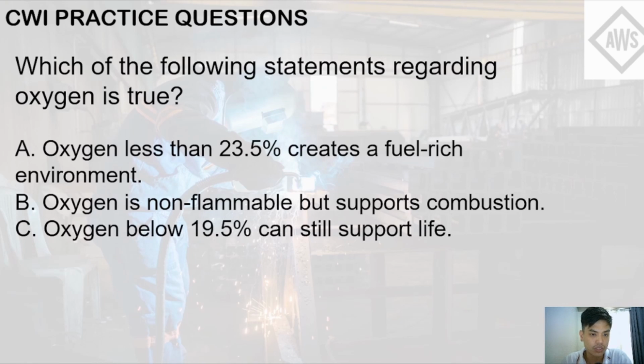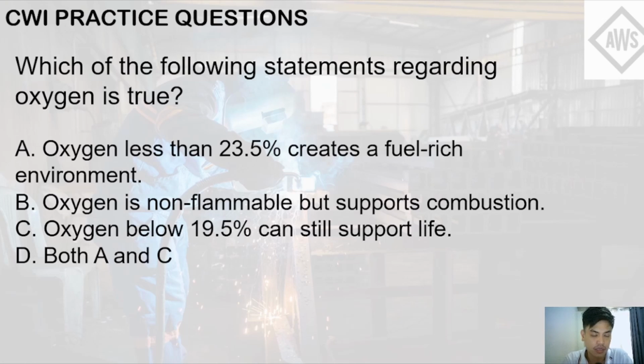Letter C, oxygen below 19.5% can still support life. Letter D, both A and C. So basically, the CWI exam has these types of questions. The last choice will have you choose between two answers.